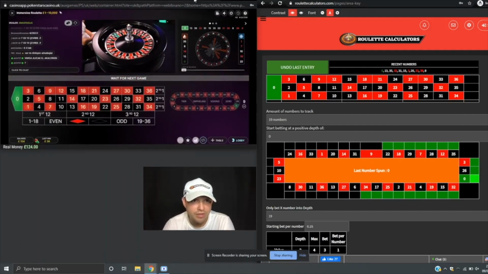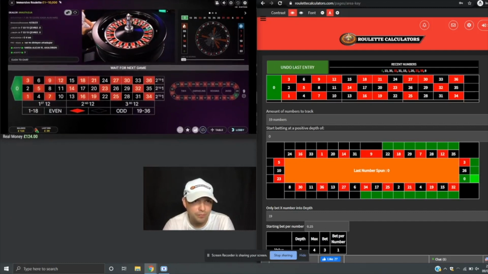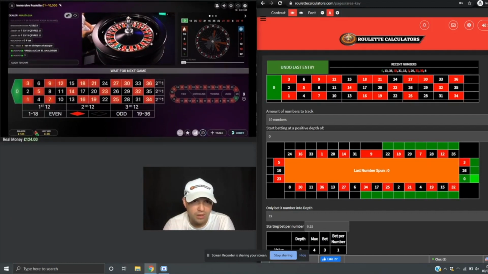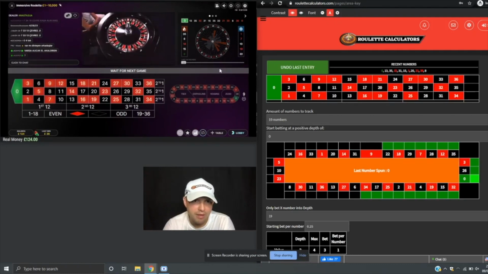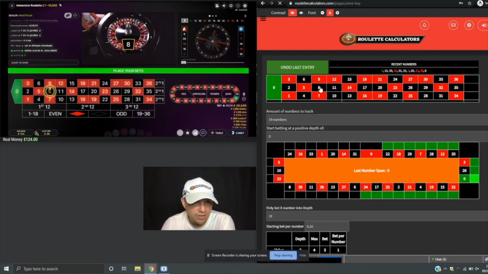I think he's moving the screen a little bit. I'll just leave my cam there for a moment. I'm not sure what he's doing. He hasn't actually got a bet on this one, so I think he's just adjusting it. But that would have been a win for him. That was in the unhighlighted section, number 8.